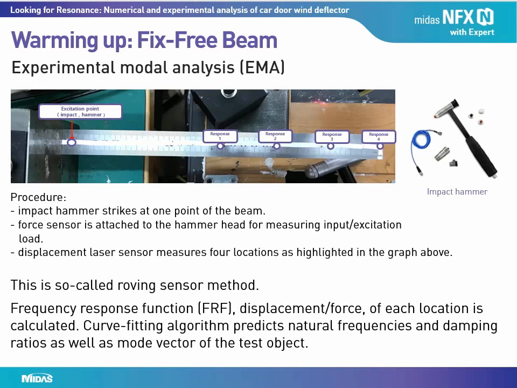In this simple example, we only measure 4 locations. As pointed out just now, a node of the third bending mode is one of the measurement locations. We will observe very low displacement at this location for third bending. If we want to obtain good quality measurements, spatial sampling density needs to be increased.